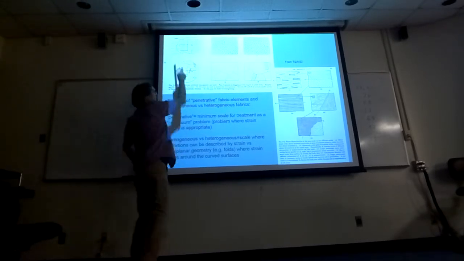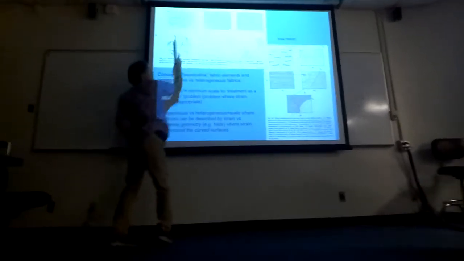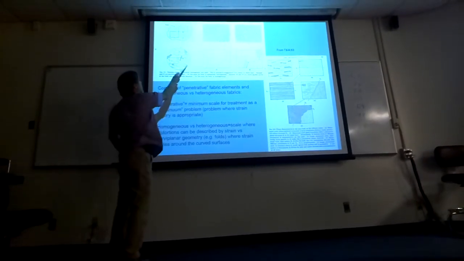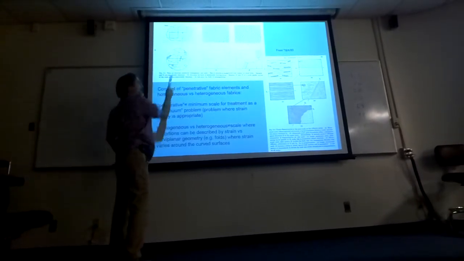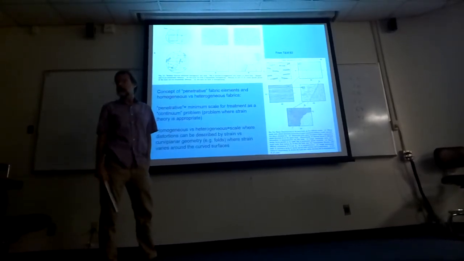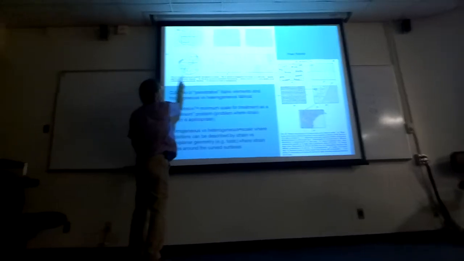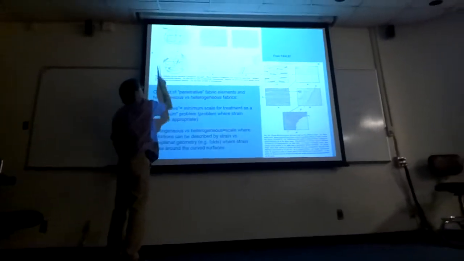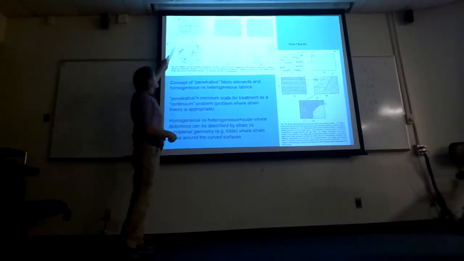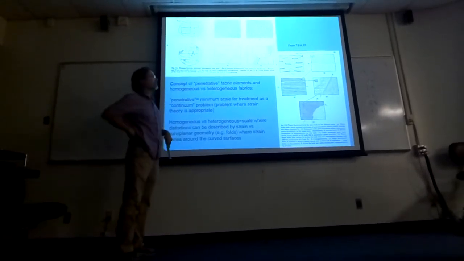the material looks totally homogeneous to you because the anisotropy in the material, which is made up of the crystals, averages out. So if you were to measure the physical properties in this direction, that direction, that direction, you're going to look the same because you average out the heterogeneity of the crystals.